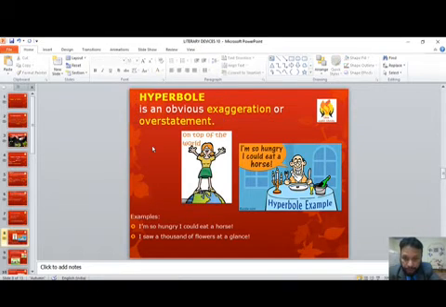So here are two examples. I'm so thirsty. I took this example in the previous slide as well. I'm so hungry that I could eat a horse. Is it possible? No, it's exactly not possible. You cannot eat an entire horse. But you're so hungry. This way of expressing your hunger, that you are ready to eat a horse, shows how hungry you are.